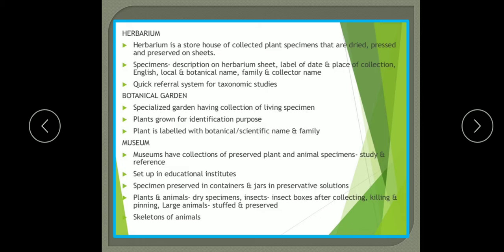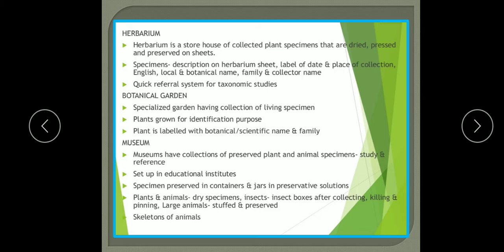So what is the role of the museum here? They maintain the systematic record of the biological specimens, as well as help to study the characters of old and extinct specimens. Yes, the specimens, which means the animals which are not alive now, so they are dead, so they are extinct specimens.